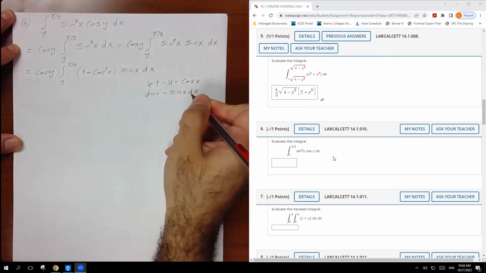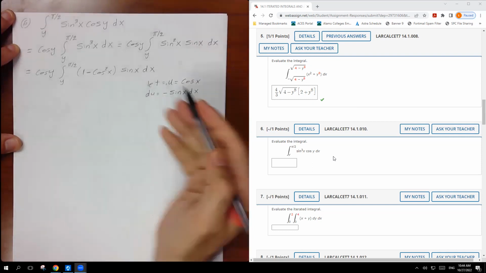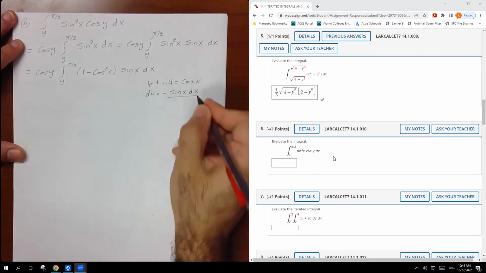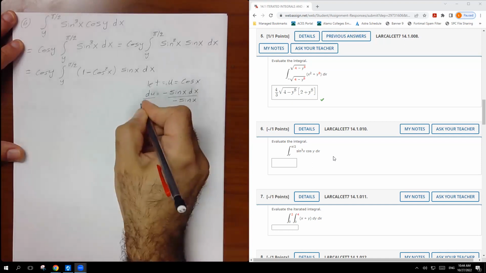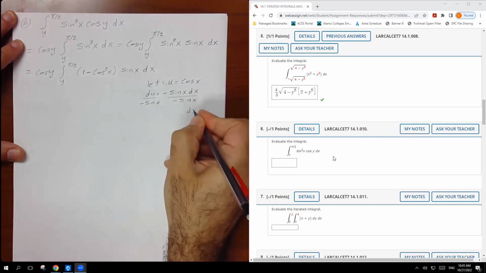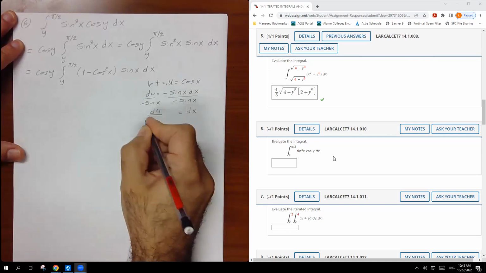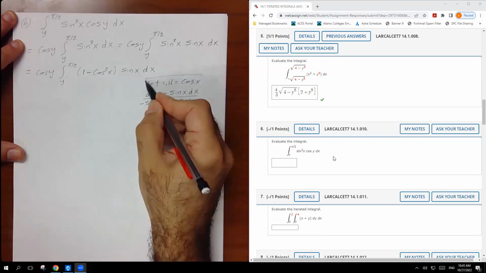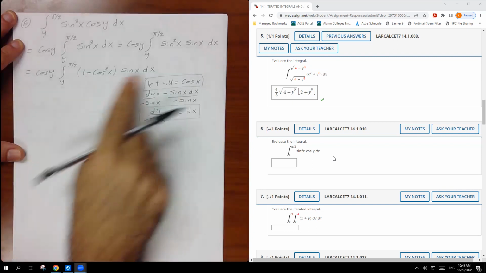I need to find the dx, so I can substitute u and dx here. So divide both sides by negative sine x. So dx in this case is going to be equal to du divided by negative sine x. So now we're going to substitute u and substitute dx here.